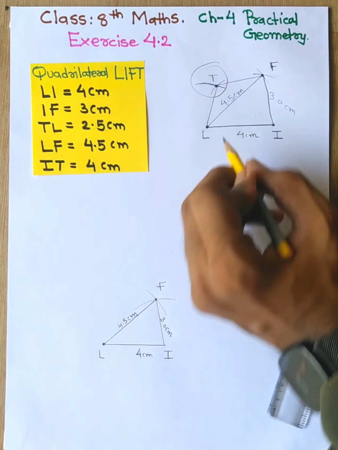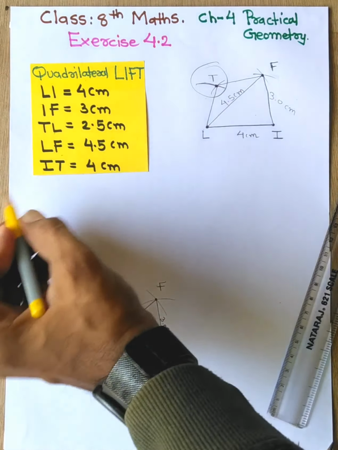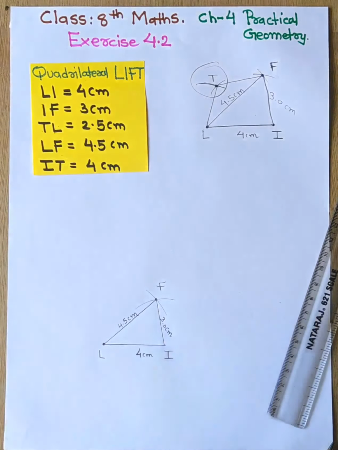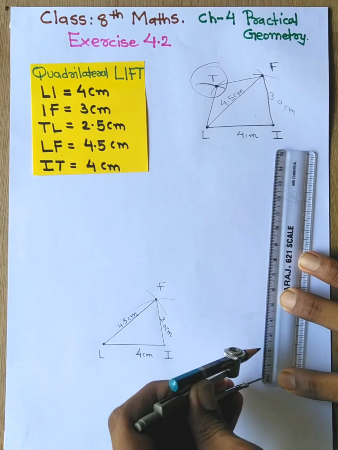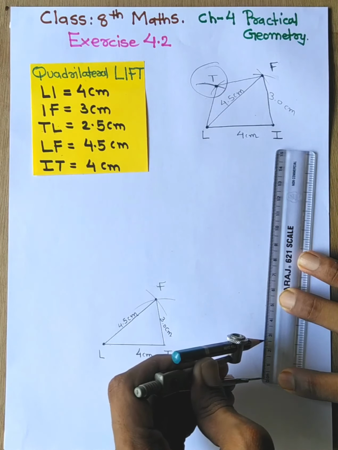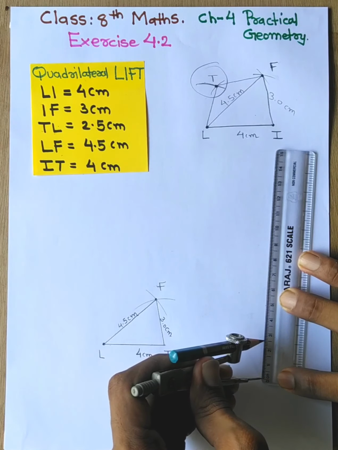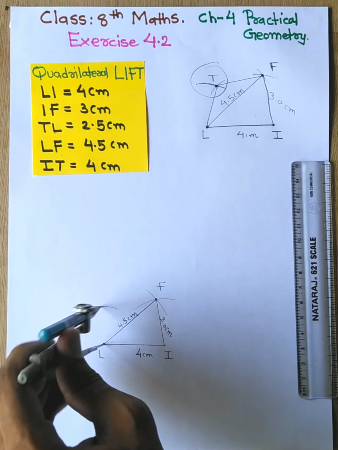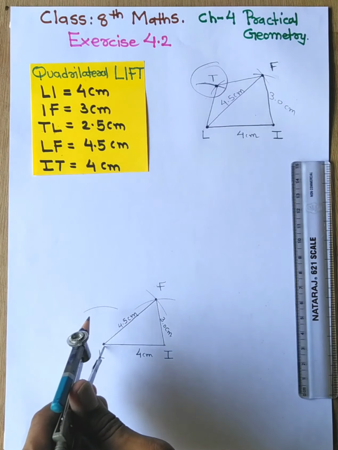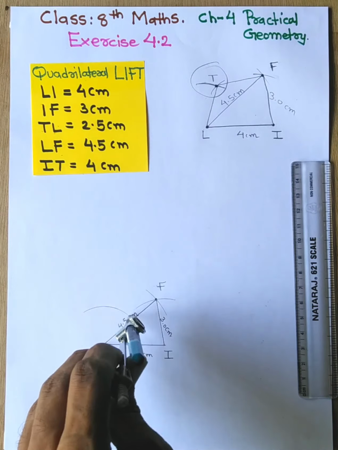So from L to T, 2.5 centimeter. So let us take 2.5 centimeter from 0 to 2 and then half. Okay, so 0 to 2.5, taking the center at L and making an arc. Let me draw a bigger one.